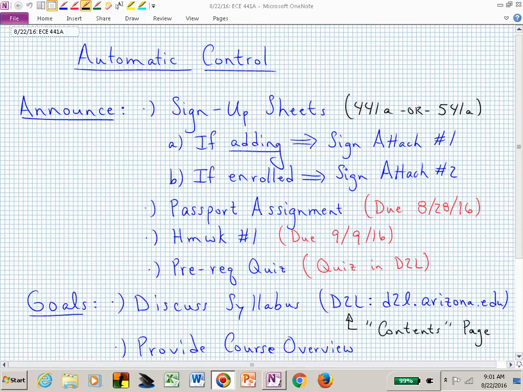Right before class, I posted the passport assignment, and that's due Sunday evening. So you almost have a week to finish that.